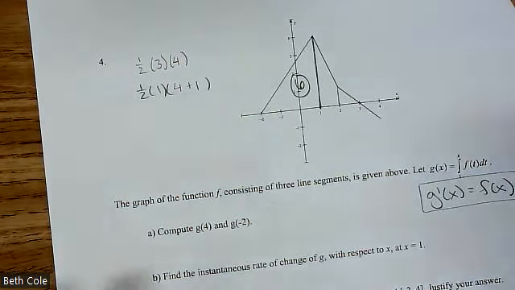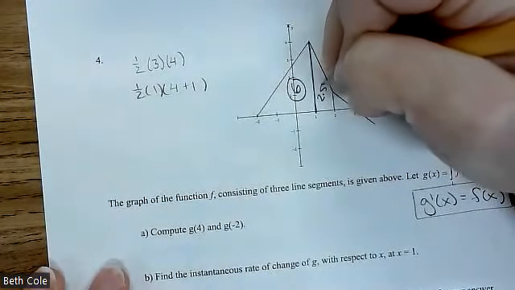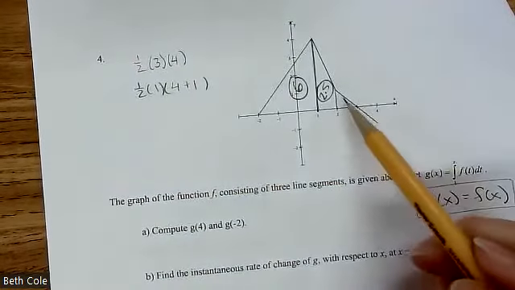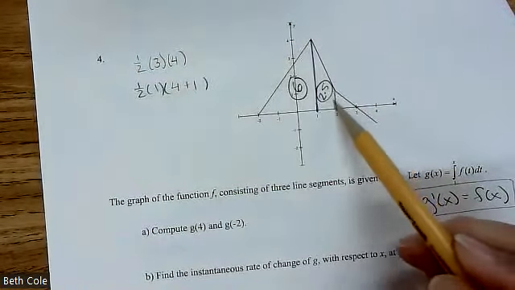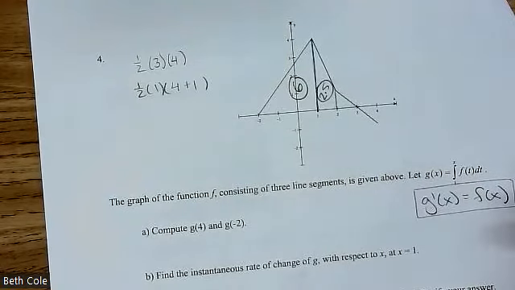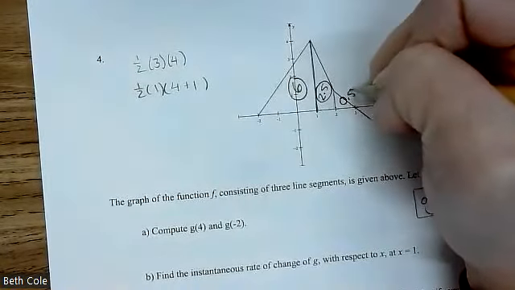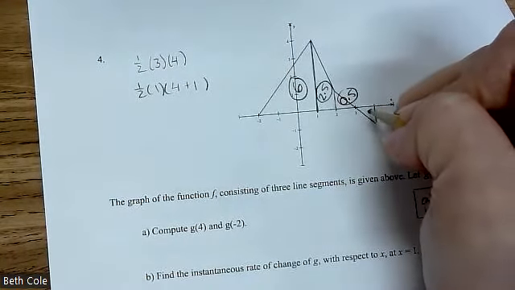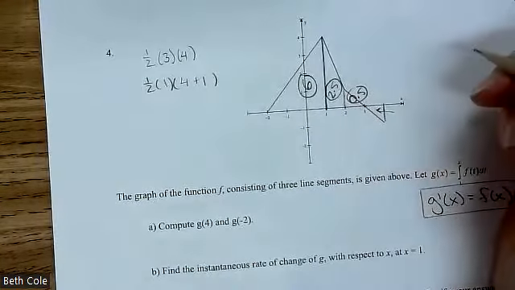So 5/2, or I'm actually going to do a decimal because we're going to be adding these together and it'll be a little bit easier. So 2.5. All right, how about this little guy? 1/2 base times height, that'd just be 1/2. And then this little guy, same except negative.